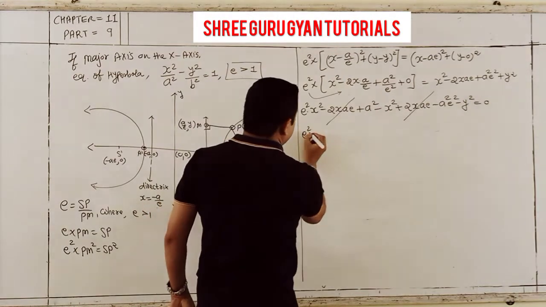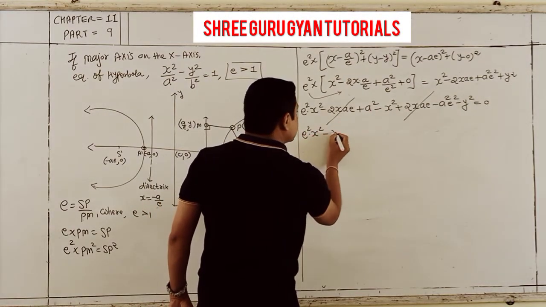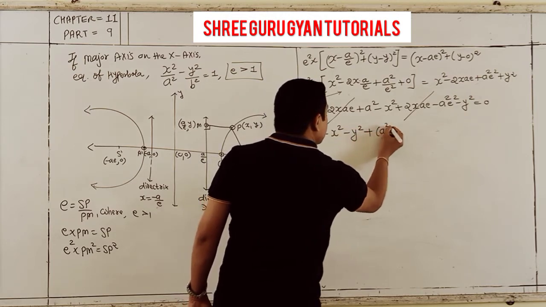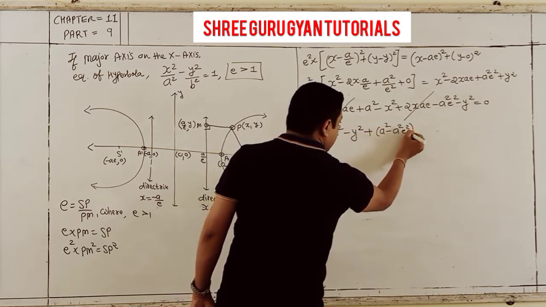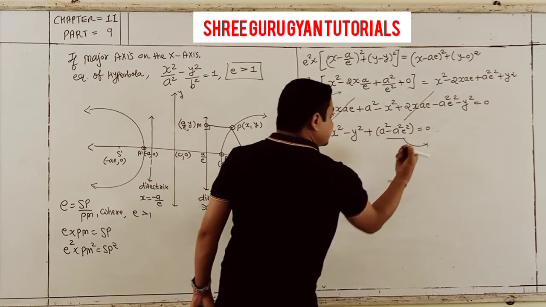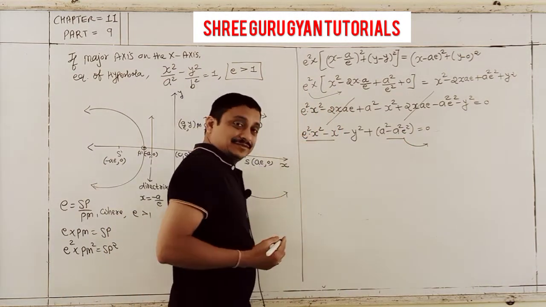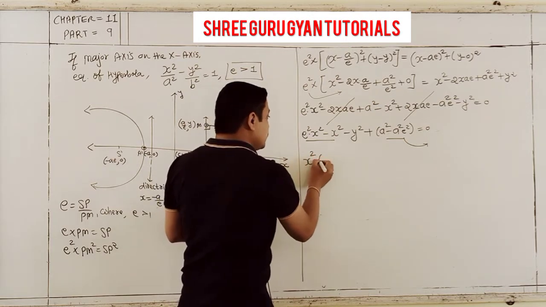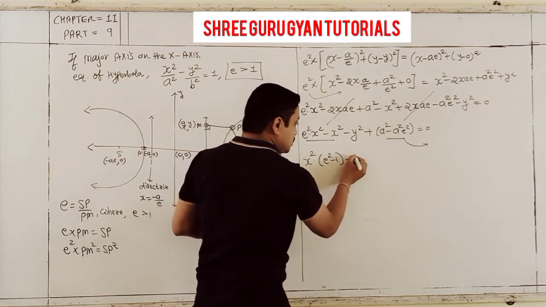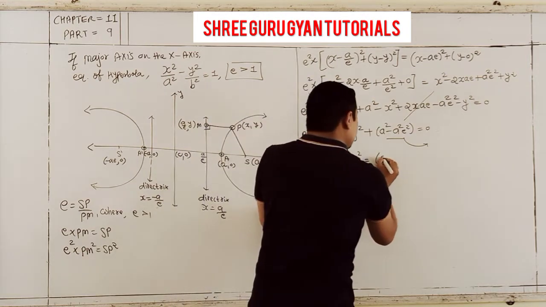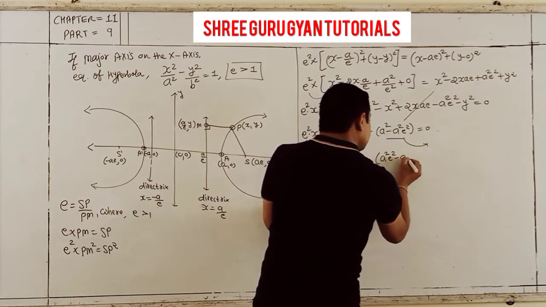So e square x square minus x square minus y square, and the others are a square minus a square e square. Students, this term I take to the right side because it is the constant. So take common, we have x square (e square minus 1) minus y square, and that should go to the right side, a square minus a square e square.